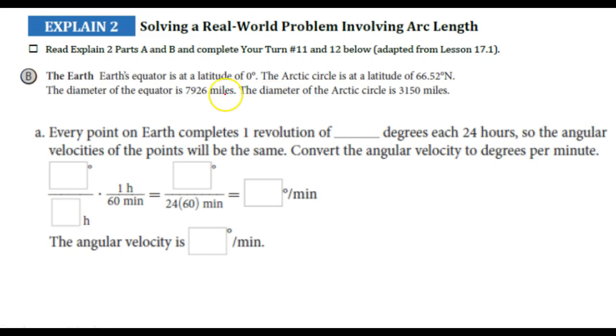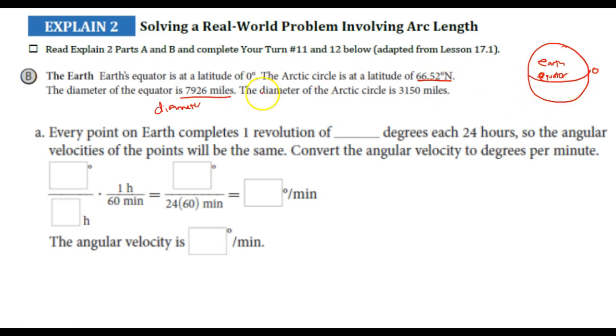So they say the Earth's equator is a latitude of 0. If you ever look at the Earth, there's usually a latitude line, that's our equator. That's usually our 0 level, the very middle of our Earth. That's my picture. The Arctic Circle has a latitude of 66.52 degrees north, and our diameter is 7,926 all the way around.